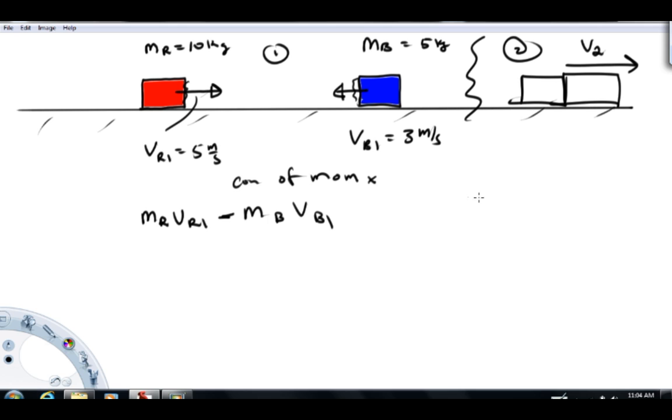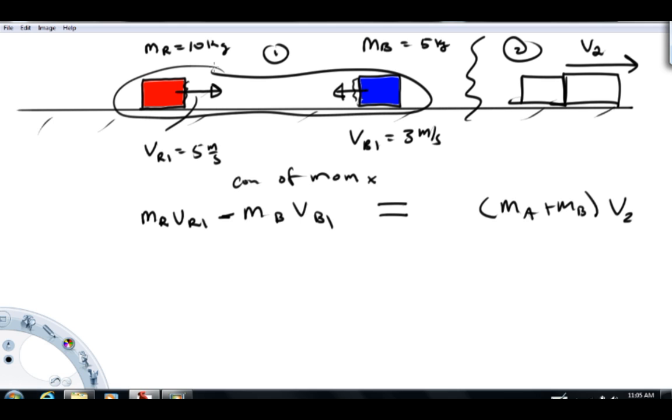And then over on the right here, the momentum of the system: the mass is the sum of the two times the velocity I called V2. And again, the equals is because of the discussion I had before. As long as we consider both at the same time, the net force during impact is 0, so no change in momentum for the system.